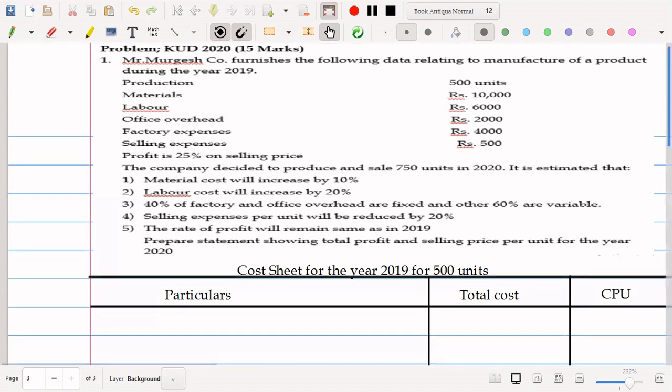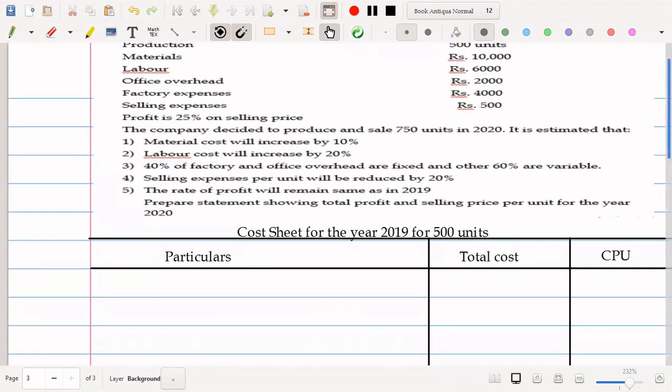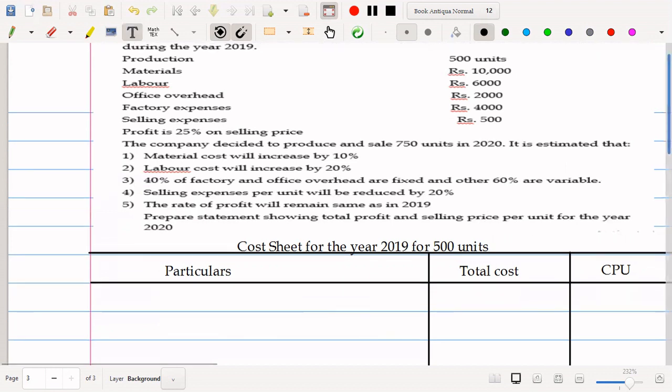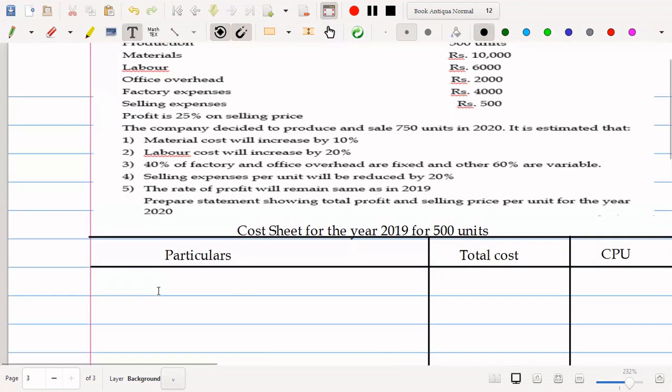So first, let's prepare cost sheet for the year 2019. Now, let's put on the figures here, whatsoever given in the problem. So I have taken a cost sheet for the year 2019 for 500 units. Now, they have given material rupees 10,000.